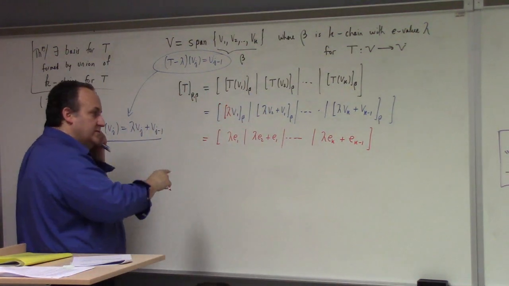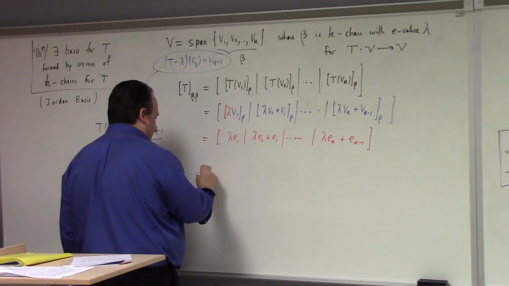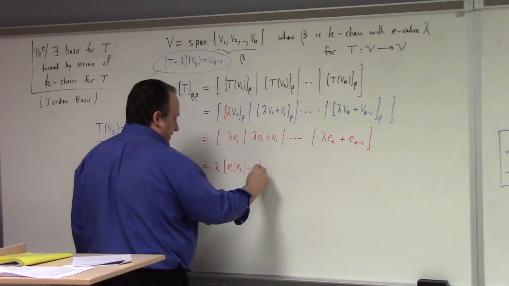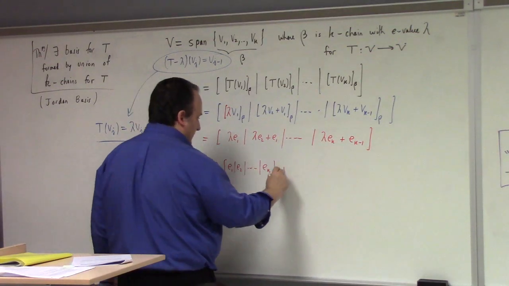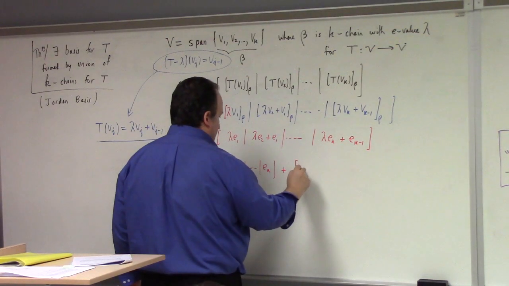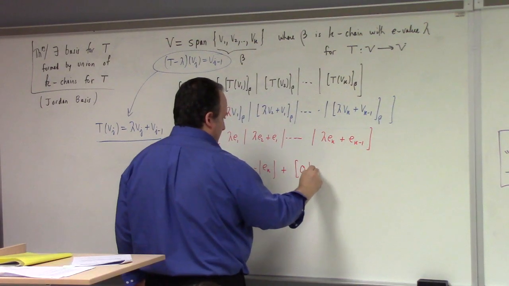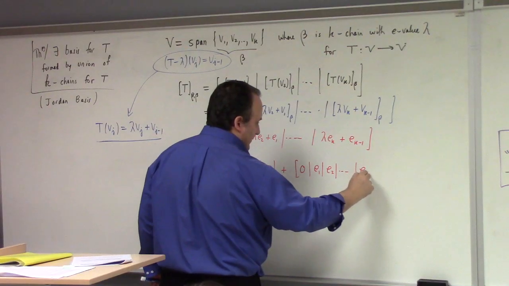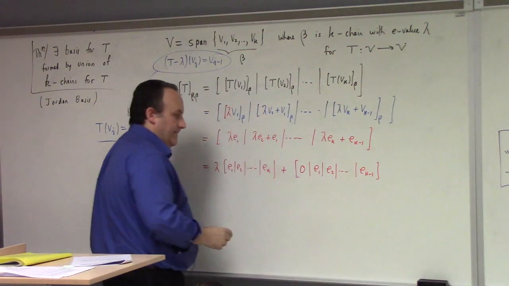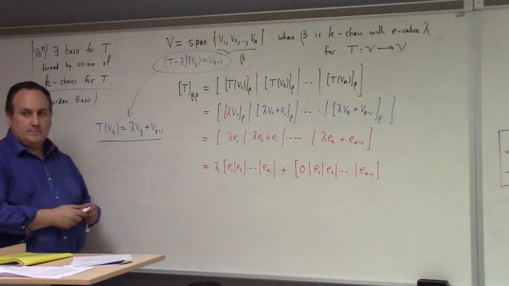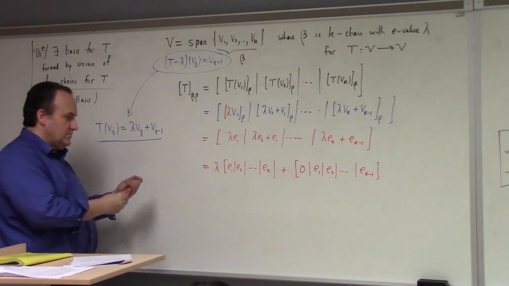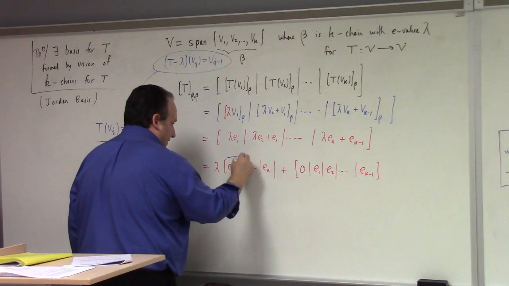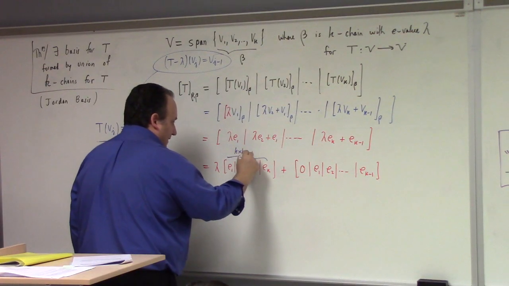Now we can write this as two separate matrices. We can factor out lambda, and we've got e1, e2, through ek. But we've also got this other matrix which has 0 in the first spot, then e1, the next one would be e2, and this goes on until you get e(k minus 1). The first matrix is the k by k identity matrix.